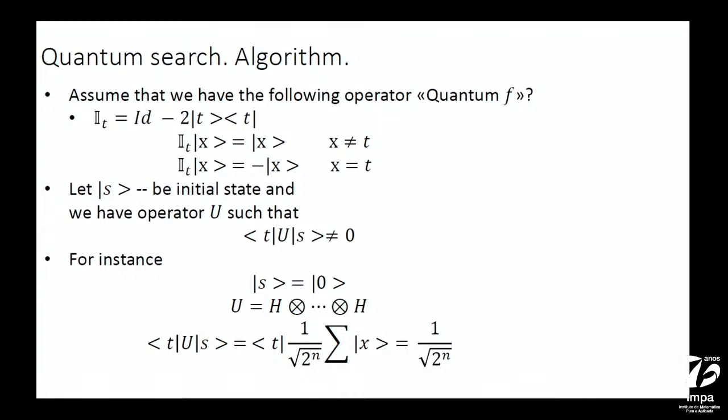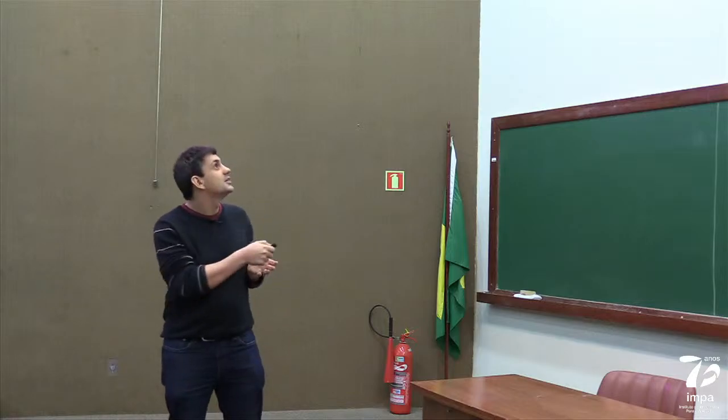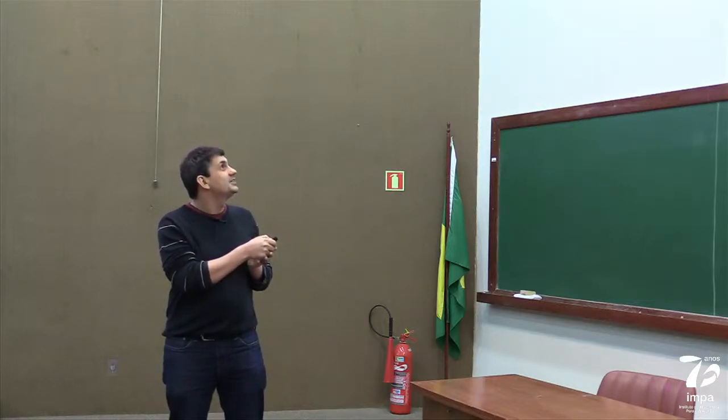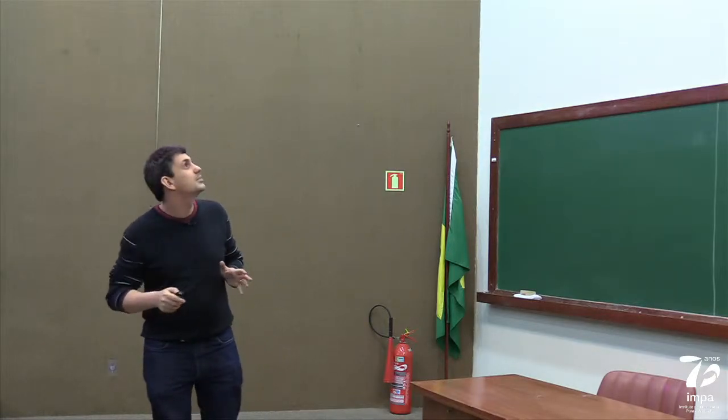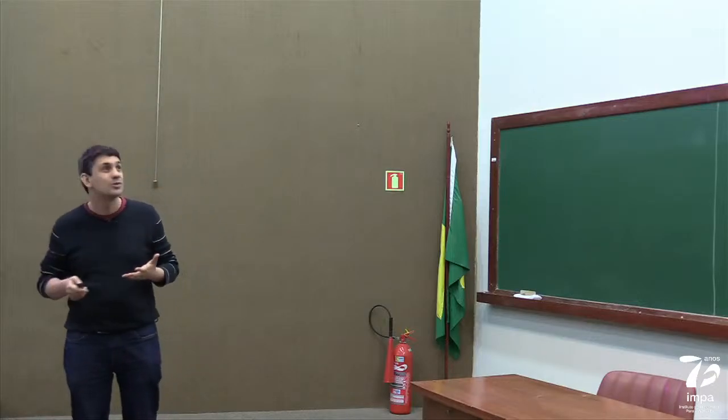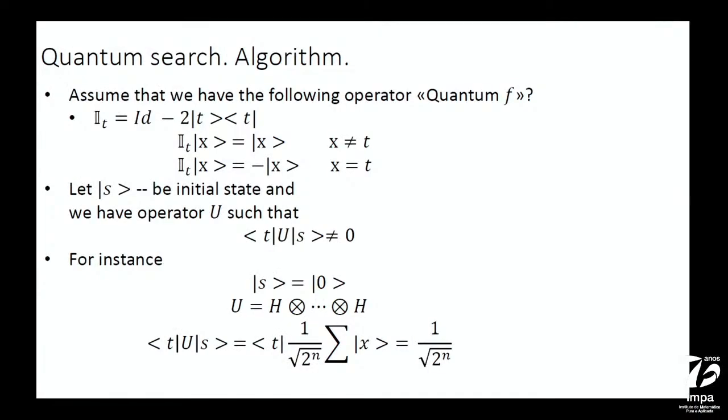Bracket notation with these fancy symbols, it's a matrix, so I can technically do this, but let me tell how it actually works. It works as follows: it's the identity on all the basis states which are not t, and it's minus one for x equal to t.